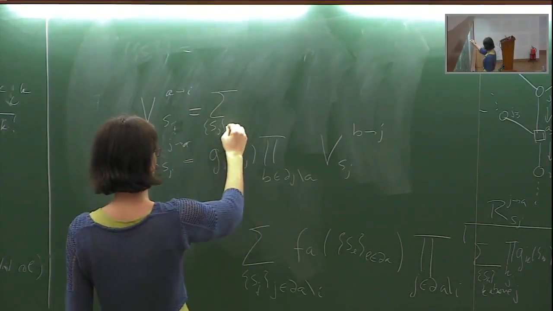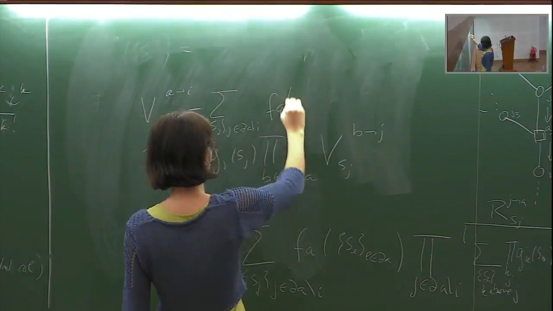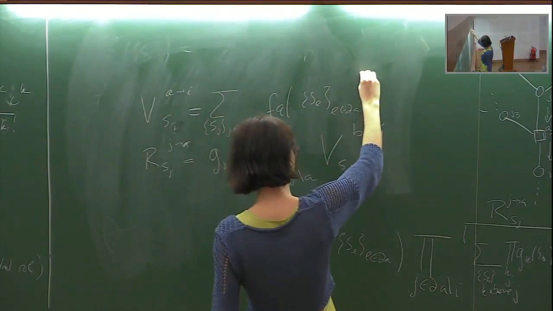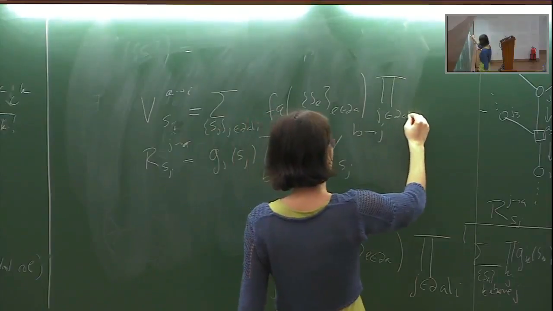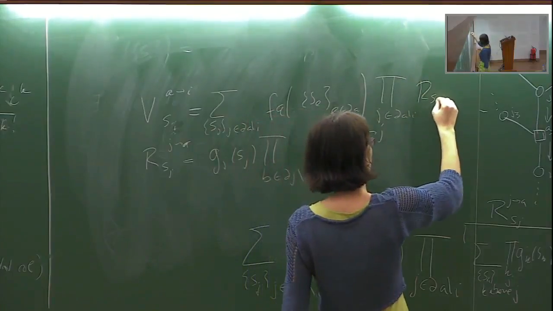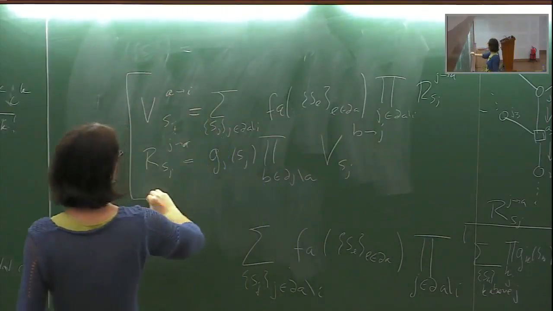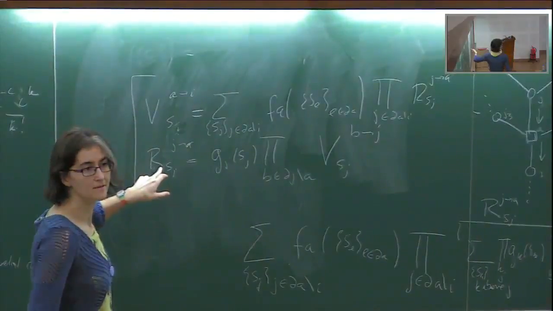SJ, FA, SL, LA. Product over J, R as J, J to A. So I have these two equations that are closed on the V and R's.